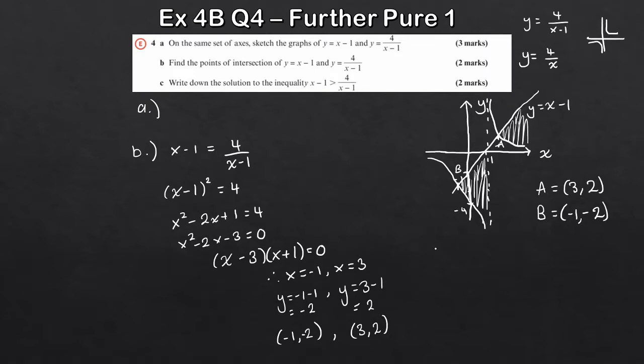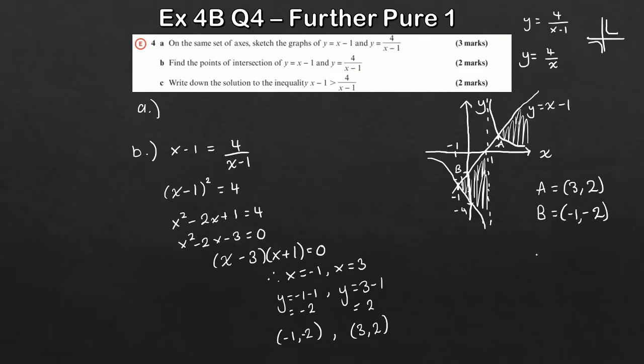So if we write this down now as an inequality for where it does satisfy it, it's got to be between this point here where this starts, so that's going to be x equals minus 1, so that's minus 1 there. And it's going to go to where the asymptote lies here at 1.